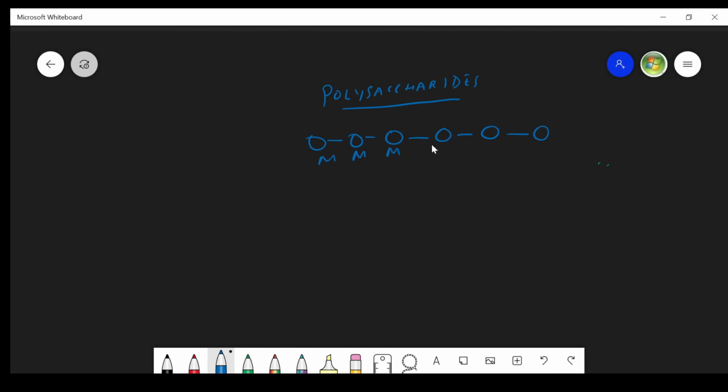Now in case of proteins, we have seen that the structural unit is the amino acid, and the amino acids are linked together with a bond known as peptide bonds.